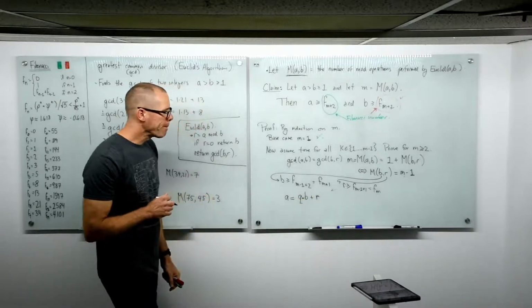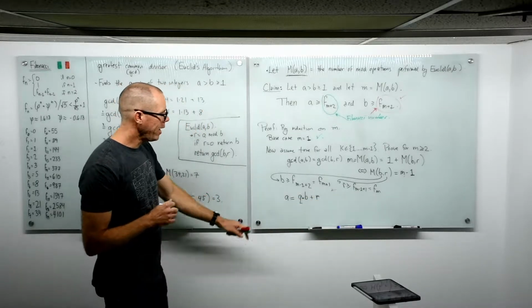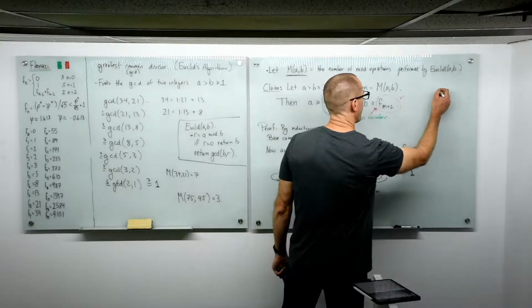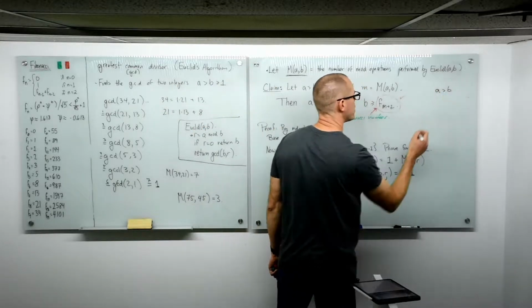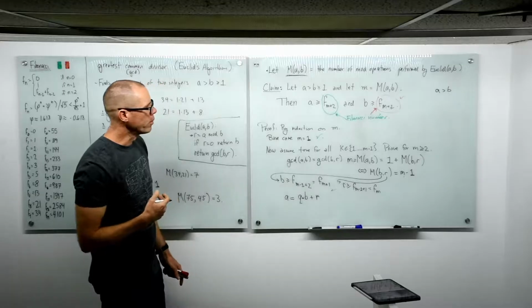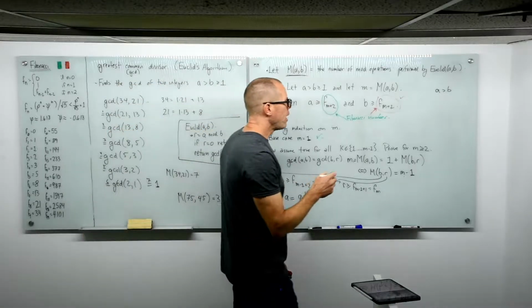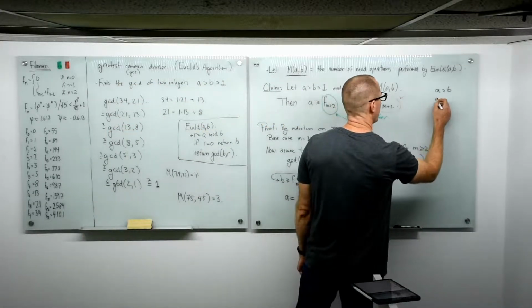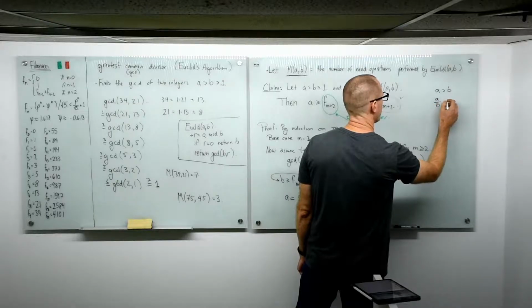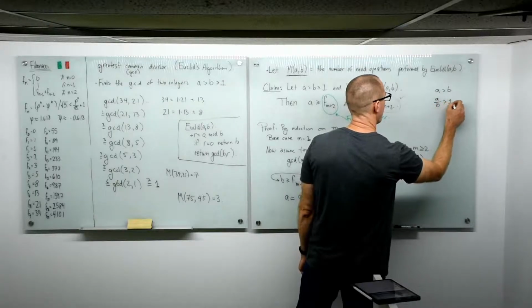Now, we know A is bigger than B. That's a requirement of the input. That means that A divided by B is bigger than 1.